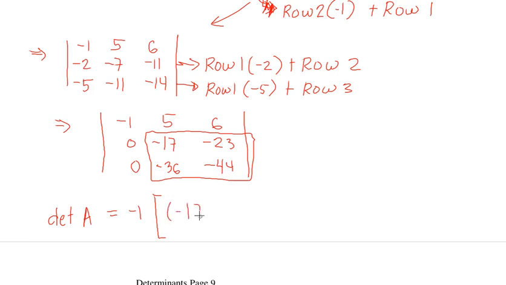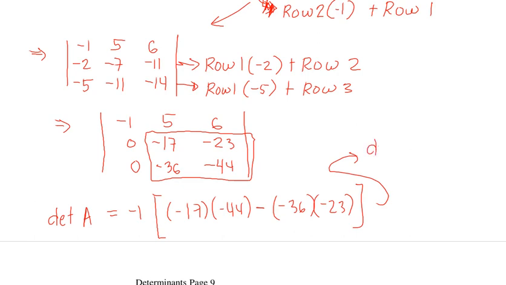Ilan yan? Times negative 44 minus the product of this negative 36 times negative 23. So, yung value natin dito is yung determinant of A natin is equal to 80. So, kindly solve if my calculation is correct.